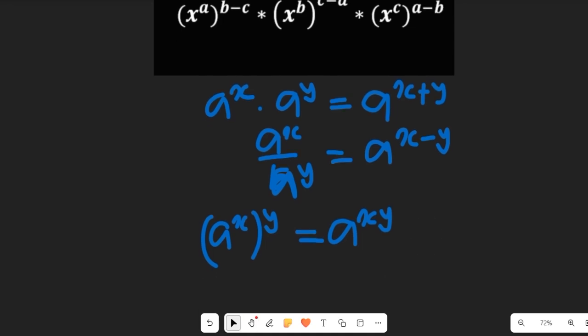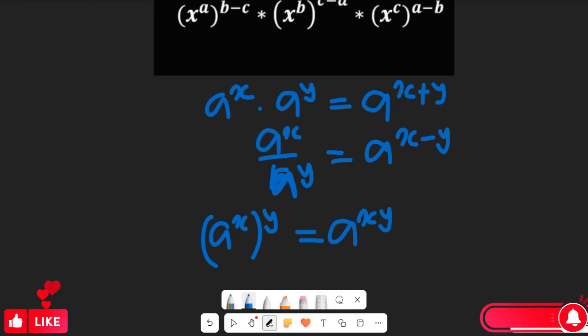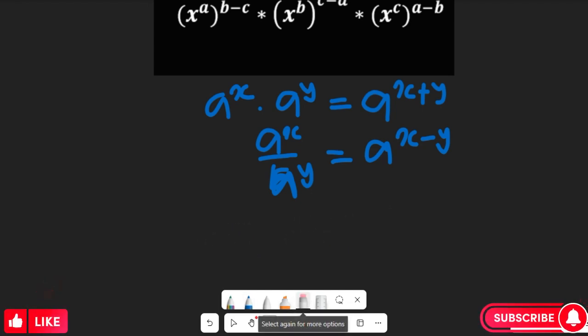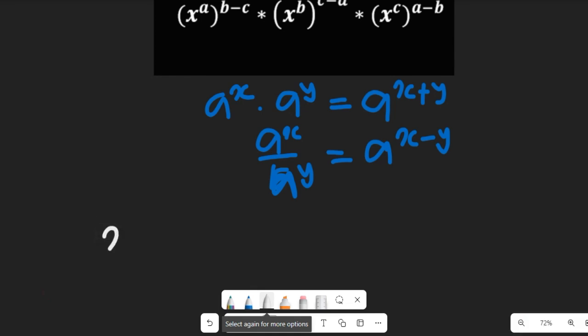Now let's use these rules to expand that expression. Considering all these rules, you come to find that if the exponents multiply, this will give me x to the power of a times a times b minus c.